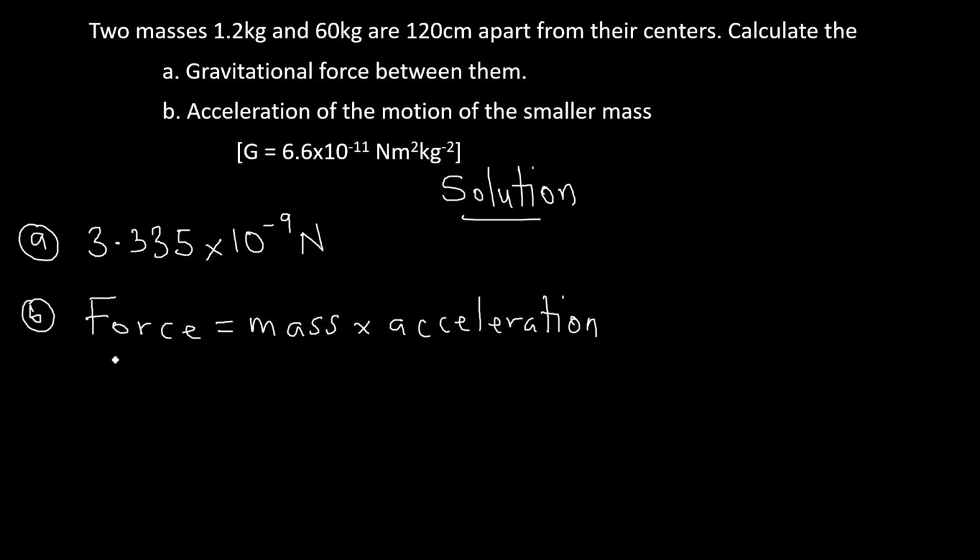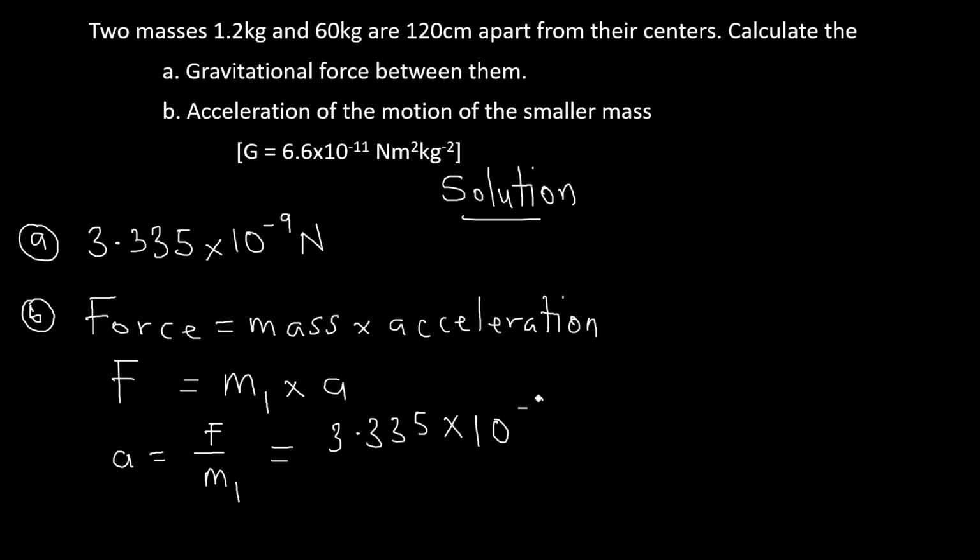So the force is what we have in part A of the question. But the mass in this scenario is the mass of the smaller object. So the force is equal to m1 times the acceleration we are looking for. Let's represent it using a. From this formula, we can deduce that a is equal to force divided by m1.